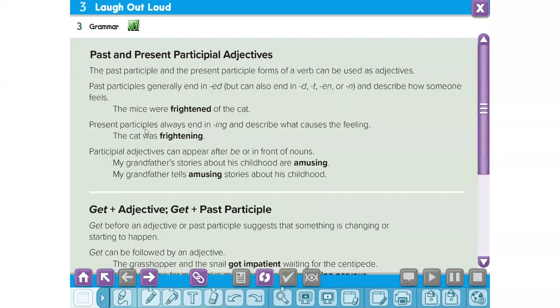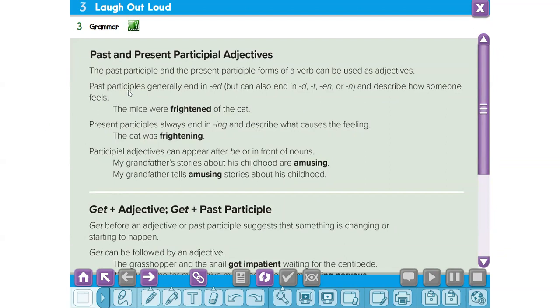The present participles always end in ing and describe what causes the feeling. So we use past participles to describe how people or animals feel.